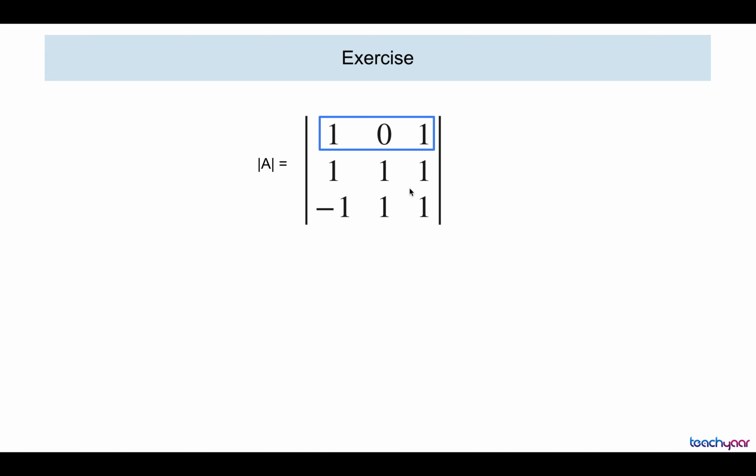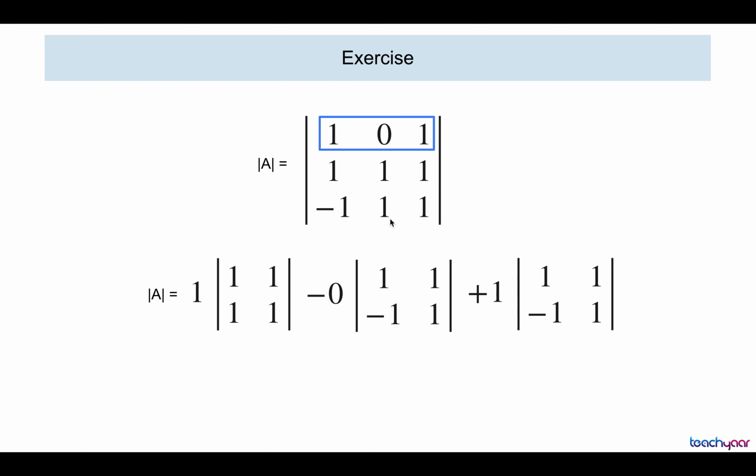So this is the matrix. I'm going to keep it simple. Start with the first row. So what you need is 1 times the cofactor, which is obtained by the determinant of that term, and it's positive because it's just 1, minus 0 times the determinant of this term, plus 1 times the determinant of this term, right?